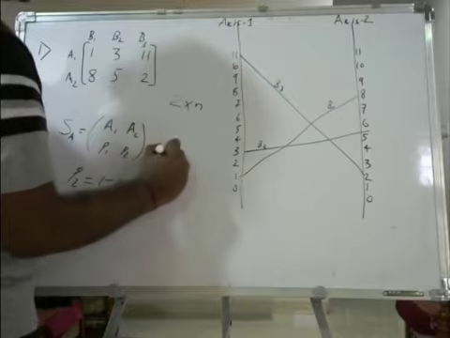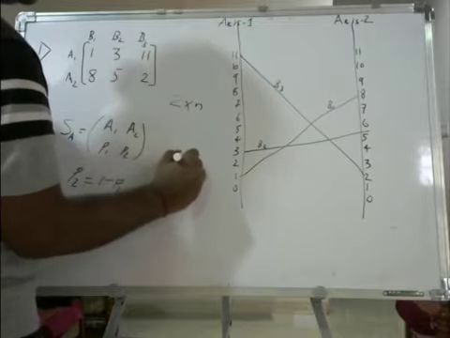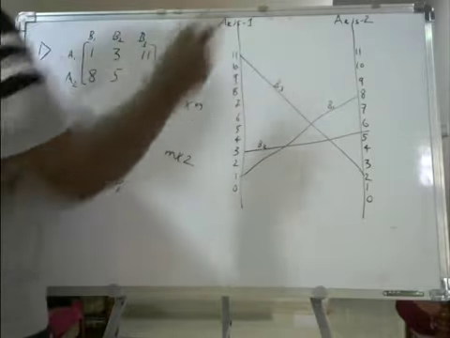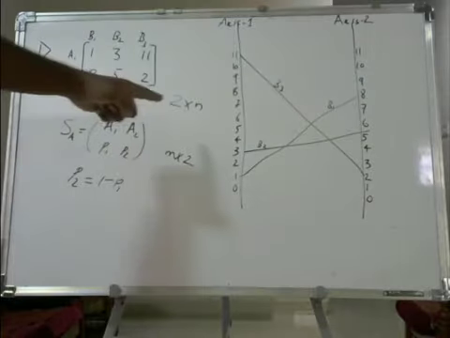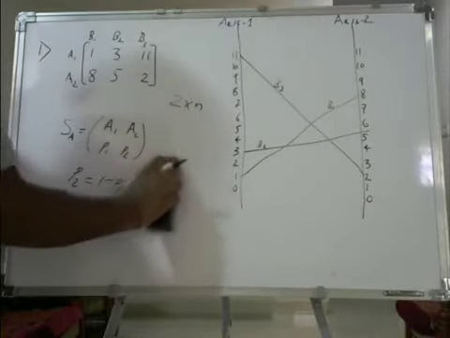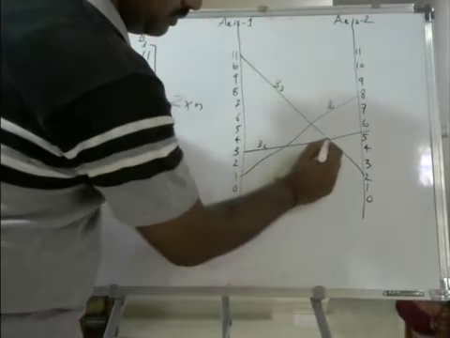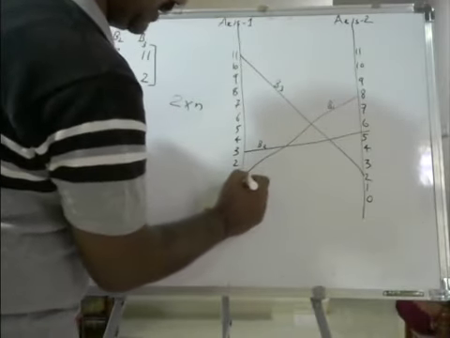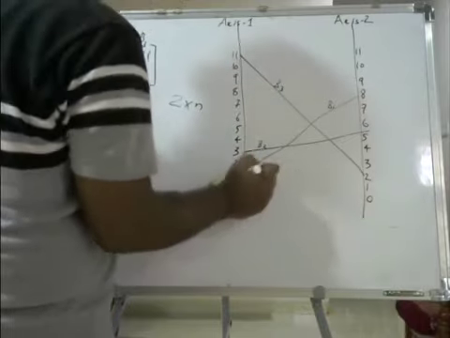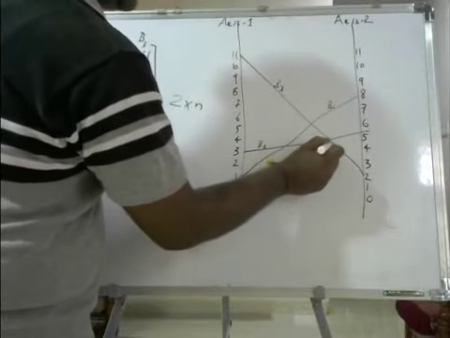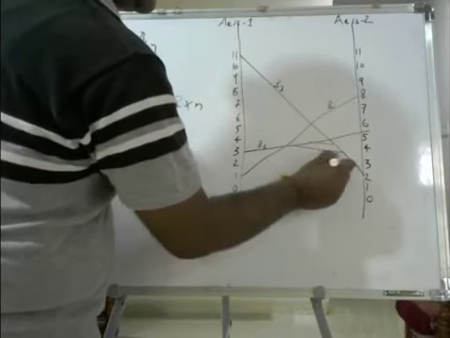If it is m by 2, then you have to consider the upper envelope. Since it is 2 by n, I will take the lower envelope, the area below these points where all the three lines join. So I'll consider this area.